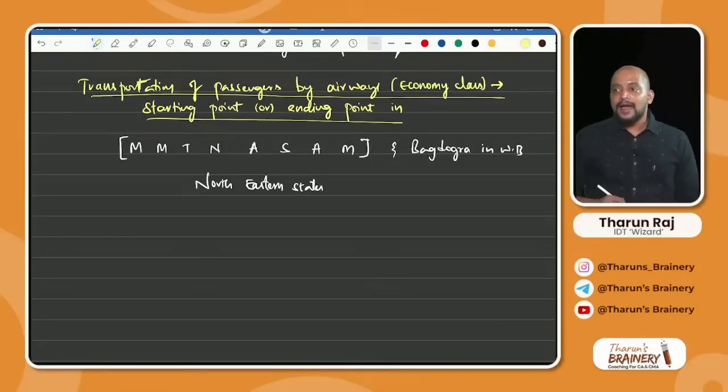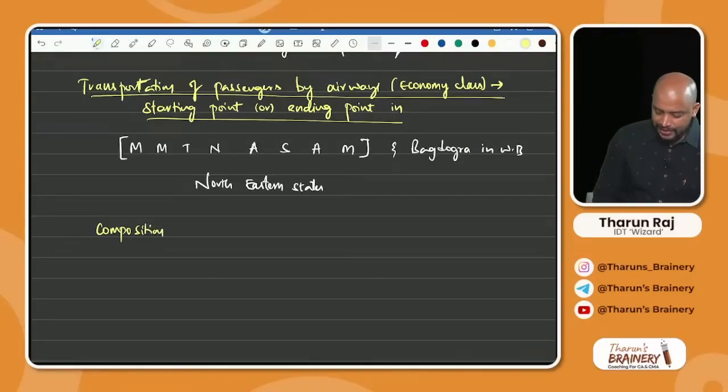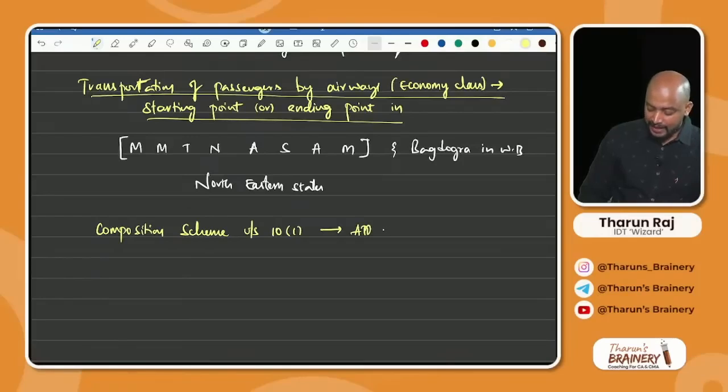Then next one, the lower threshold limit for the composition scheme under section 10(1). So what is the limit? The specified aggregate turnover limit is 75 lakhs.